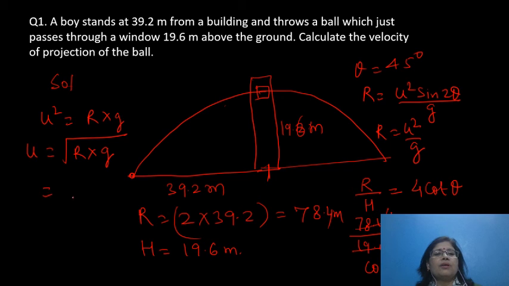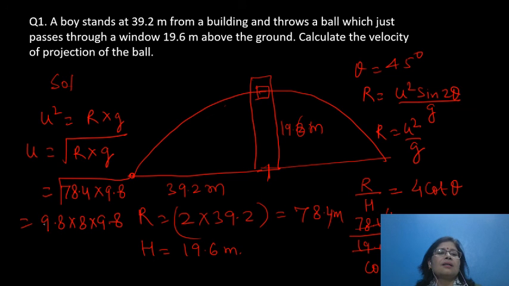If you put the value of r, that is 78.4, and g as 9.8, 78.4 can be written as 9.8 into 8.